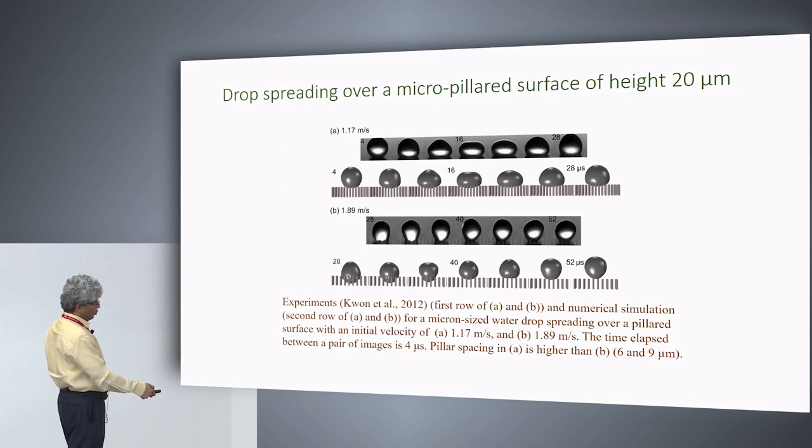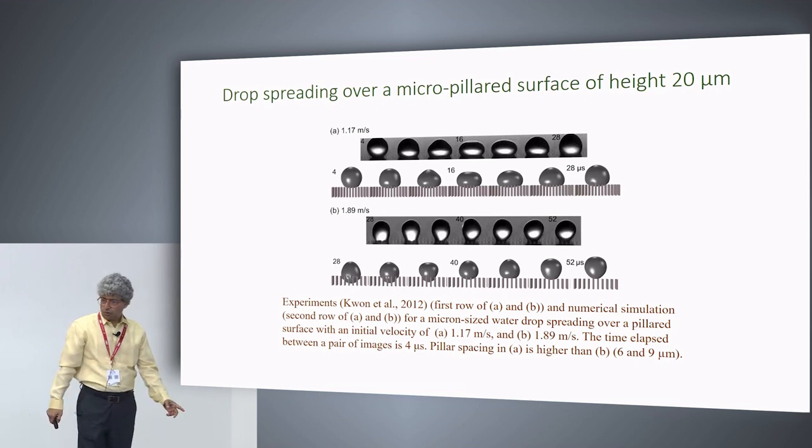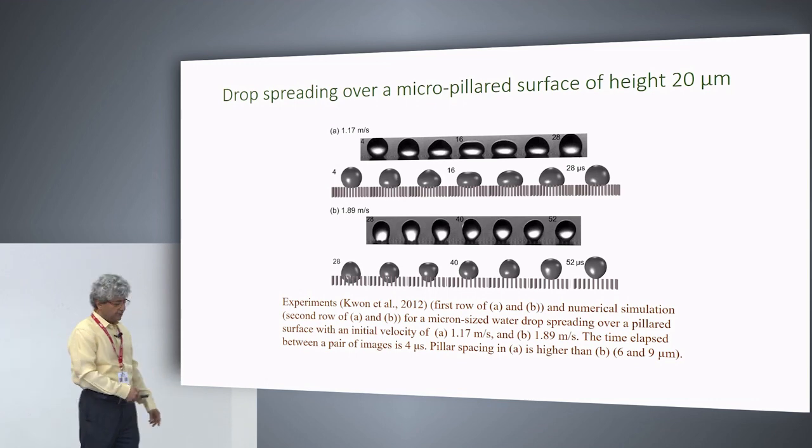So this second row is more wettable than the first. We were able to get a good match between experiments and our simulations for the pillar geometry.